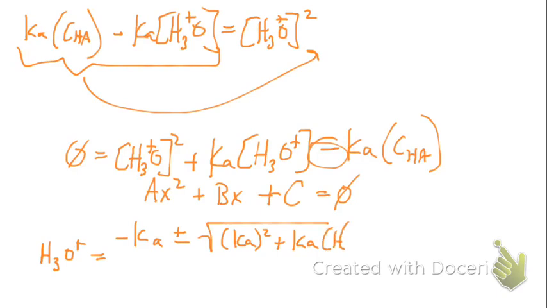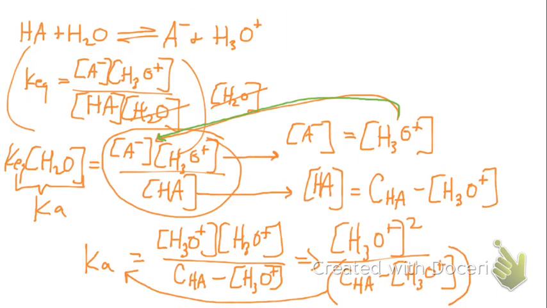Let's do that. This, Ka CHA times a, which is 1, all over 2a, a is 1, this. You always take the positive root, and if I were not nice, I would say we're done here. Or you'd have to use this to calculate the pH. However, let's come back over here.